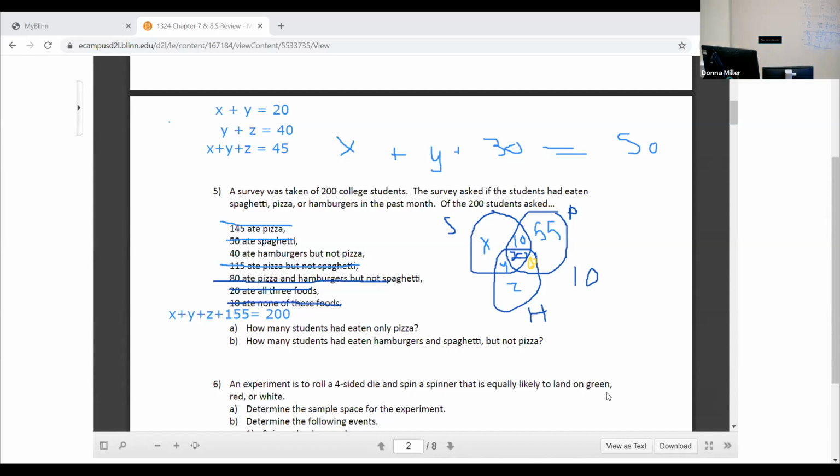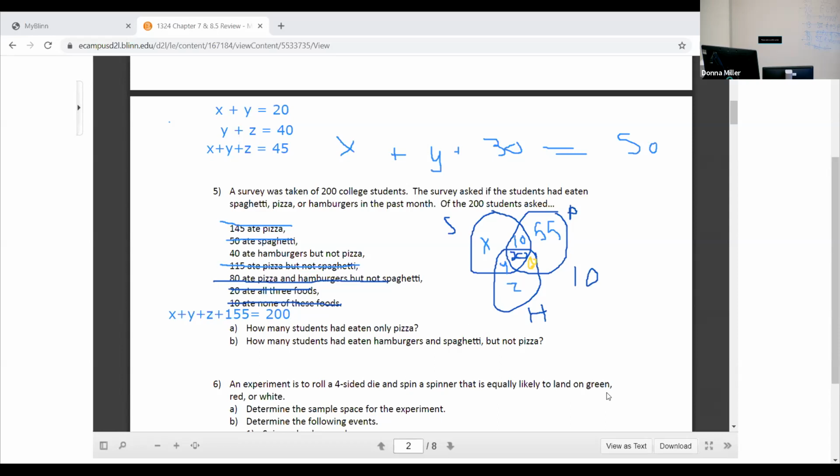So I could replace this right here in that equation with 40. And look at x, right? So x plus 40 plus 155 equals 200. So that's like 195, right? So x is 5. All right. So I know that x is 5.